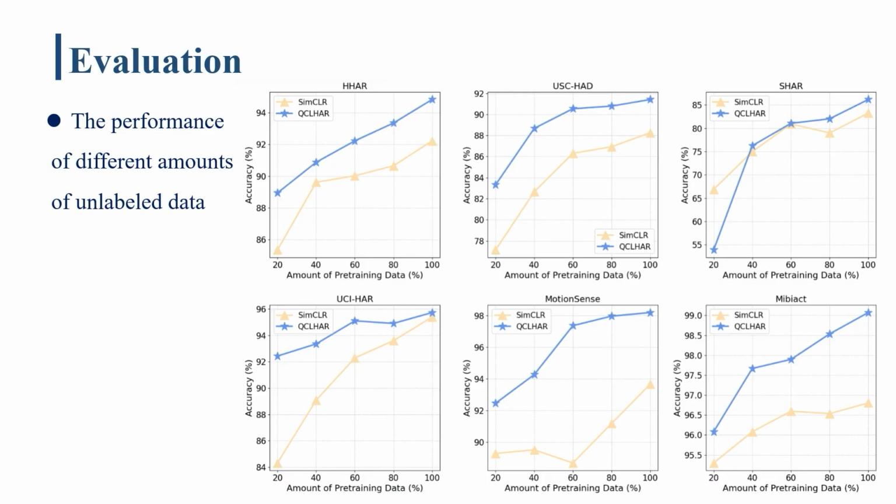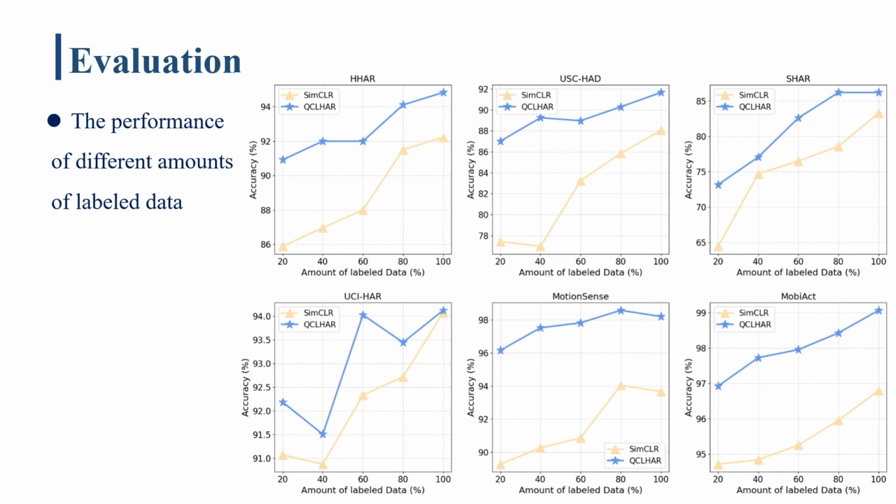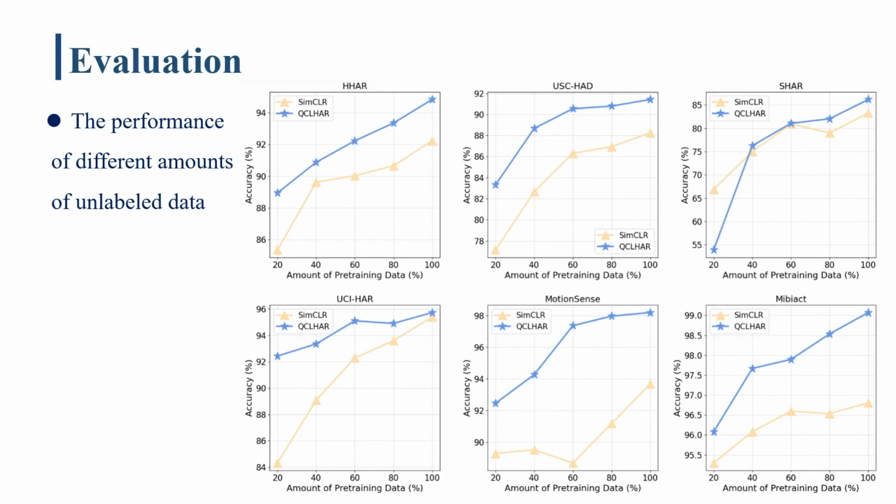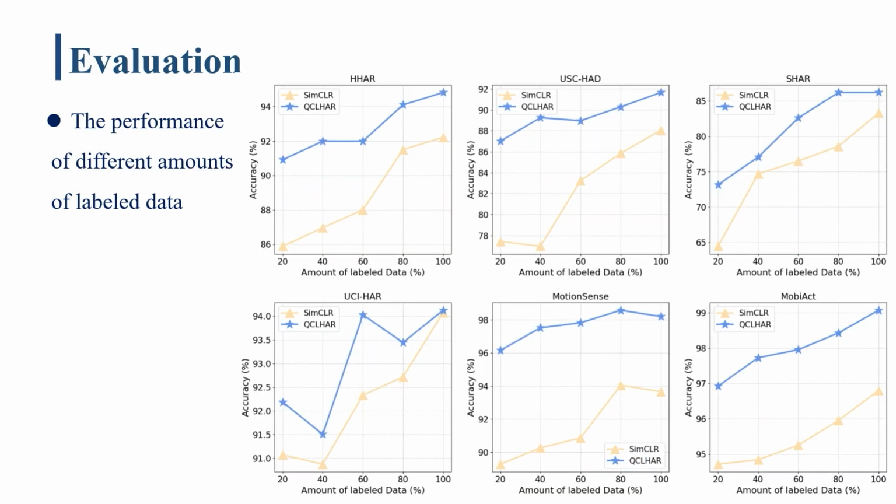We can see our method is better than SimCLR over different amounts of pre-training data across the 6 public data sets. Then we fix the unlabeled data set for training and consider fine-tuning on the labeled data set. If we have more labeled data, we can definitely increase the accuracy for all the data sets, and this solution also increases accuracy compared with SimCLR.